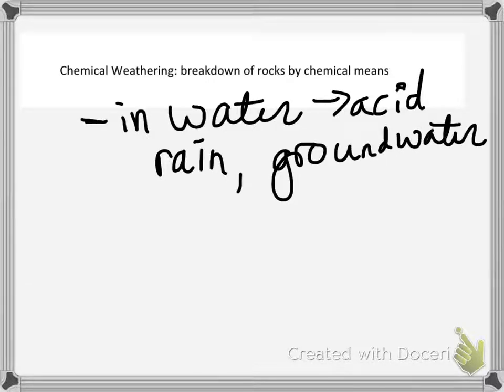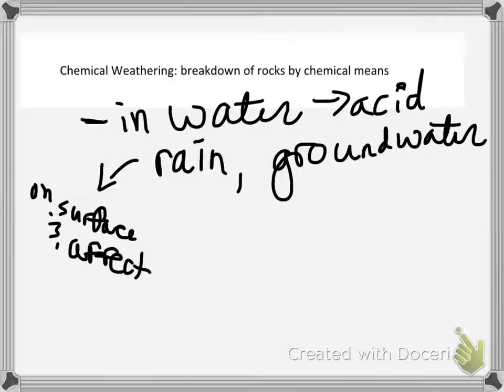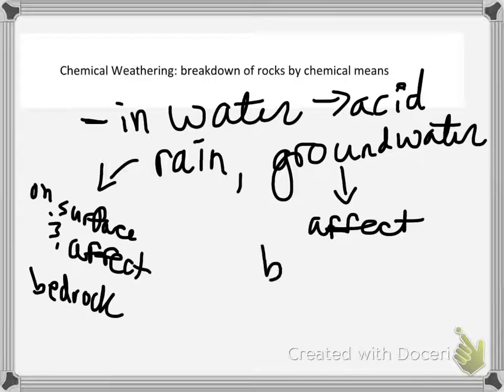That erode rocks underground. So acid rain would weather rocks on the surface, and affect bedrock as it sinks down. Groundwater is going to affect bedrock and can form underground caverns.